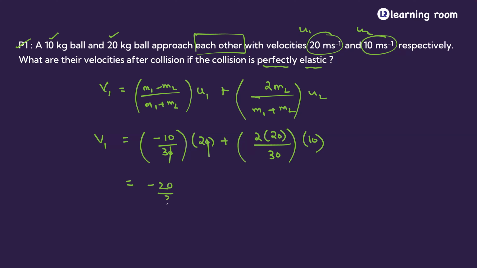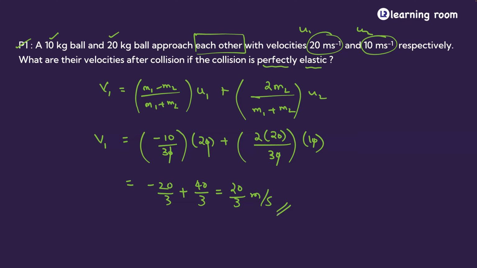Minus 20 by 3 plus... Okay, then this should be the answer. There is a mistake there. So we should get 20 by 3. The meaning of it is the smaller ball is still traveling in the forward direction with the speed of 20 by 3 meter per second.